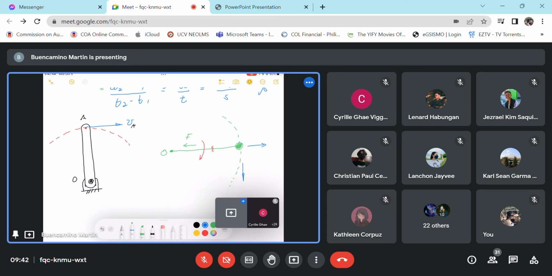Which is which, number 1 or number 2? Where will the stone go when the string suddenly breaks? 2, sir. Okay, so it will assume a straight path. It cannot be 1, that can never happen. So it goes to 2.